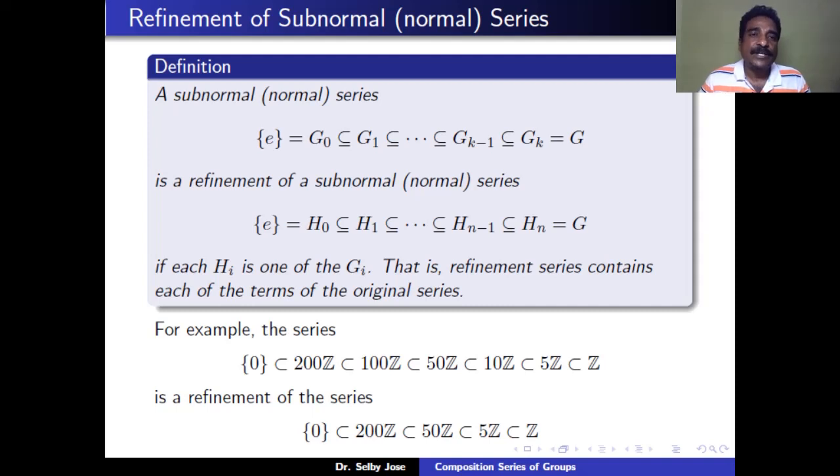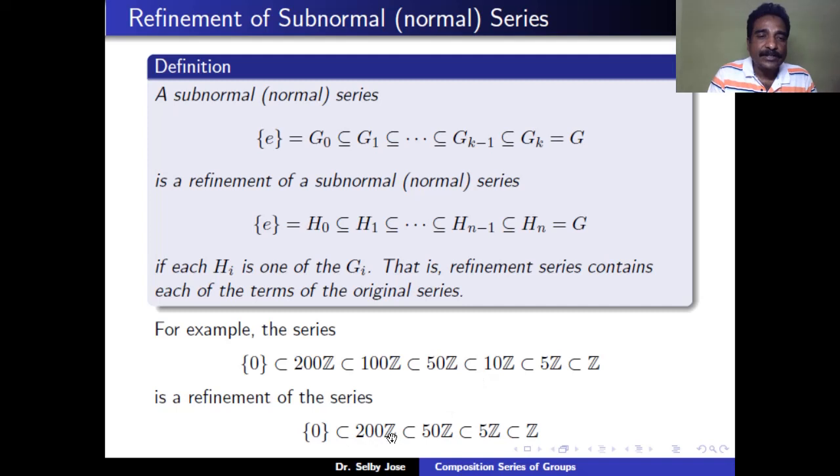See, for example, if you consider this normal series, 0 contained in 200Z, contained in 50Z, contained in 5Z, contained in Z. So the above one, 0 contained in 200Z, contained in 100Z, contained in 50Z, contained in 10Z, contained in 5Z, contained in Z, is a refinement of this series. Because in the refinement series, 100Z is there and 10Z is there more.